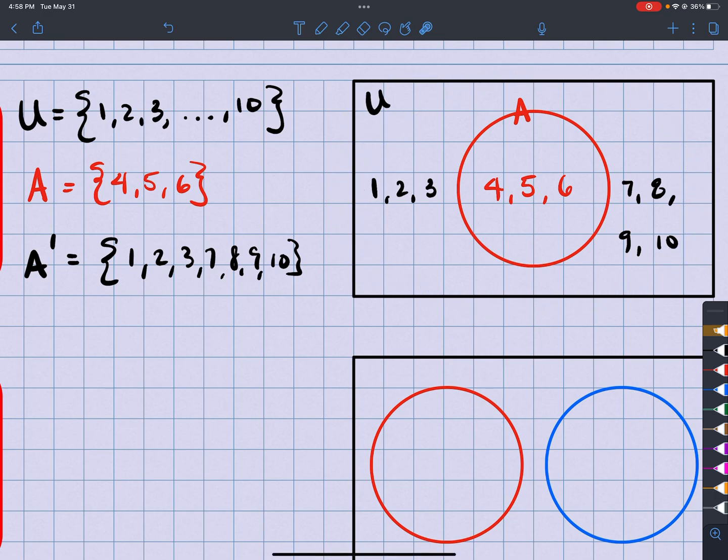Now, if I say not A, not A would be everything that's outside of this circle.